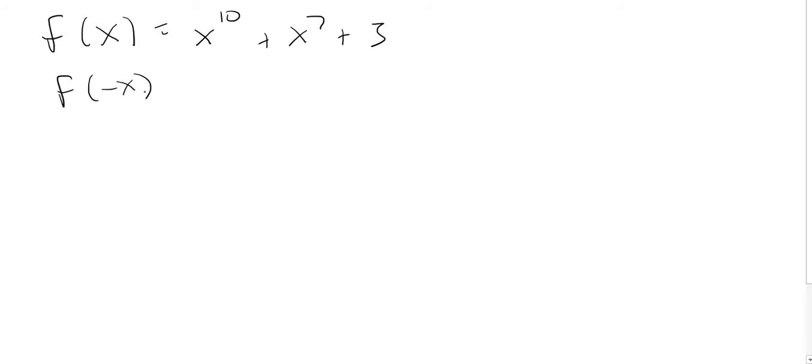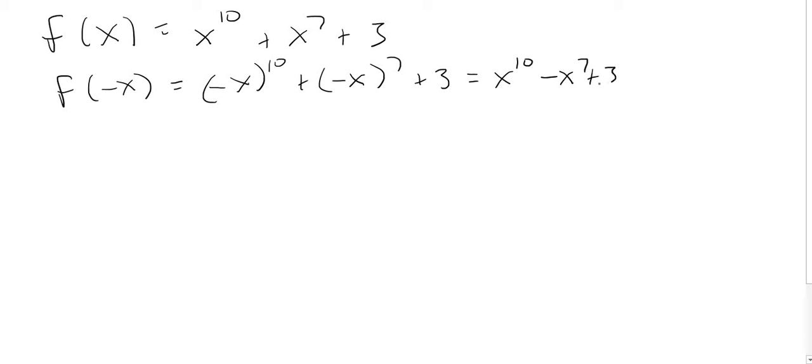Then I just look at f of negative x. This is the test for even only because I'm just looking at f of x and f of negative x and comparing them. Negative x to the 10th, I'm raising a negative number basically to an even power. So that's going to be positive. Negative x to the 7th is going to be negative, and 3 just stays the same. So this stays x to the 10th minus x to the 7th plus 3.